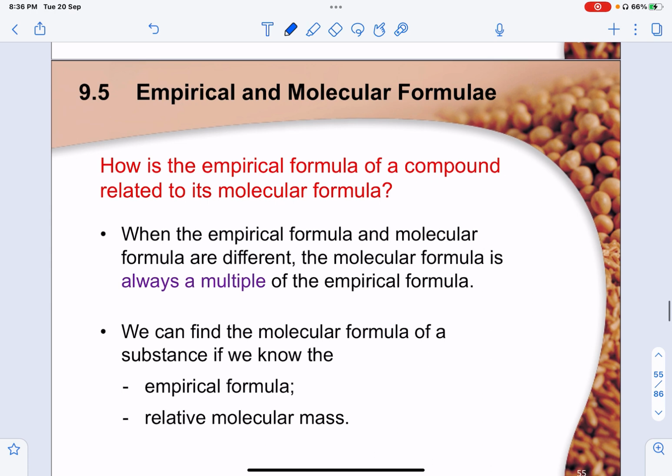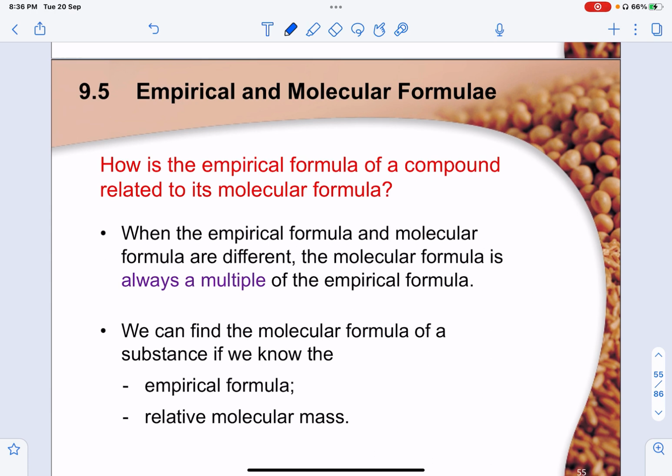So how are they related? The empirical formula must be multiplied by a common factor to get the molecular formula. One way to find the molecular formula from the empirical formula is to find that common factor through the relative mass. So what you can do first, once you have established the empirical formula, is find the Mr of the empirical formula.